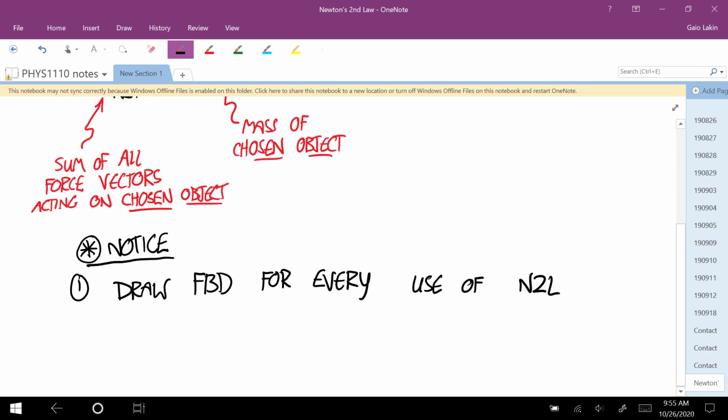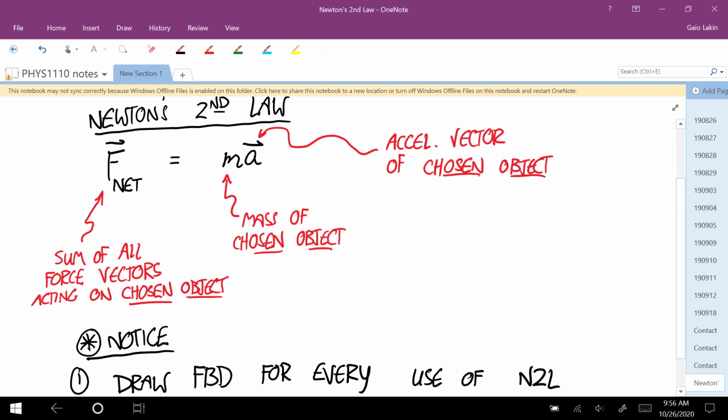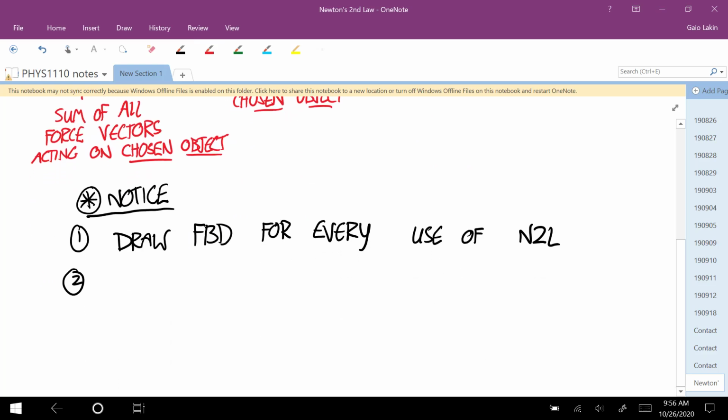The second thing I want you to notice is, just like if you go back to the vectors homework that we did a while ago, every time you came up with components for a vector, it first required defining a coordinate system. Well, we're going to be representing force vectors and acceleration vectors as components. And so that means that we need to choose a coordinate system before we do it.